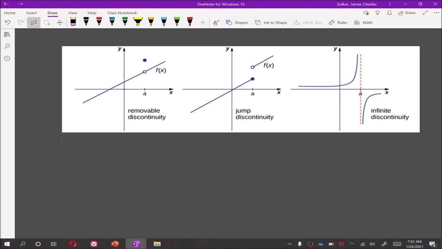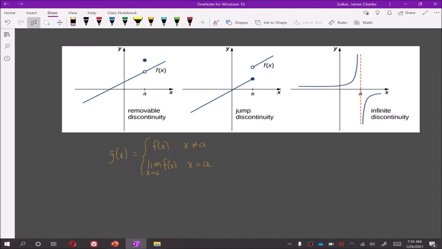So we can redefine f of x to be some function g of x equal to f of x whenever x is not equal to a, and then it will be the limit as x approaches a of f of x when x is equal to a. Now we've redefined the function to remove the discontinuity.